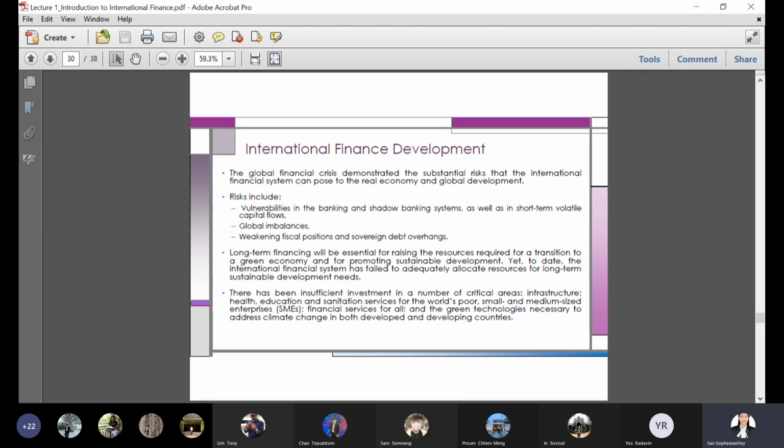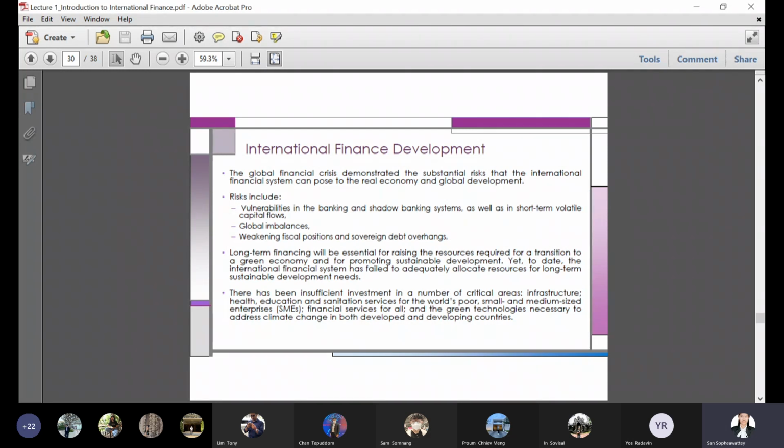There has still been insufficient investment in some critical areas, including infrastructure, health, education, sanitation for the poor, SMEs, small and medium enterprises, financial services, or we can say financial inclusion, and green technologies that have to address climate change for developed and developing countries.